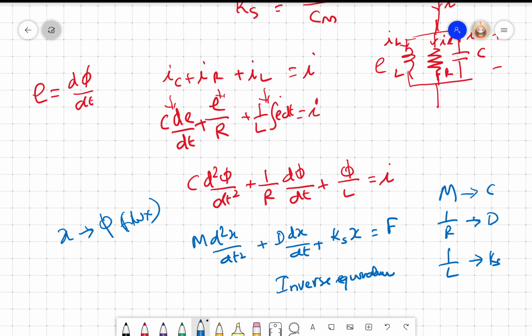So it's possible to use either the direct equivalence in terms of mechanical to electrical modeling, or the inverse equivalent can also be used to represent mechanical. So I stop here. We will continue in the next class.